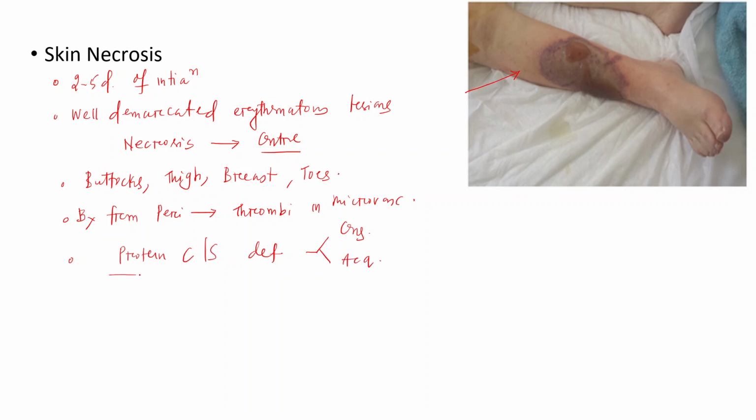So if the patient already has protein C and S deficiency, and if you give warfarin, I told warfarin also inhibits the activation of protein C and S, and protein C and S help in preventing clot formation inside the blood vessels. So some of them might develop skin necrosis because the anticoagulant effect of protein C and S is completely lost.